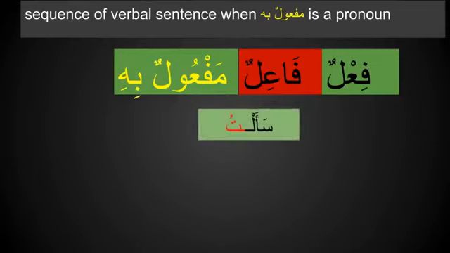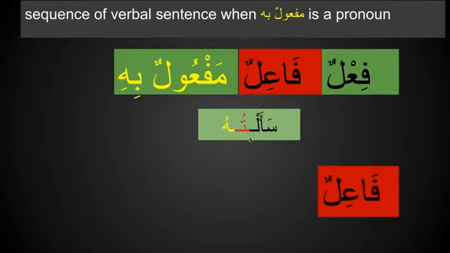For example, sa'altu, which is fa'al and fa'il, and if you want to attach a maf'ulun bihi, for example hu, which represents huwa, it becomes sa'altuhu, I asked him. It is fa'al, fa'il and maf'ulun bihi.